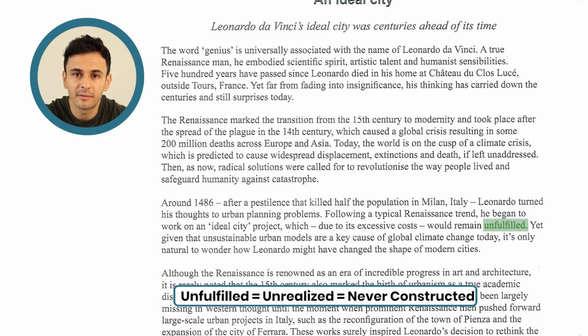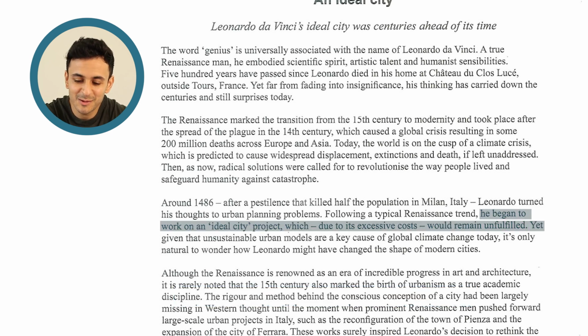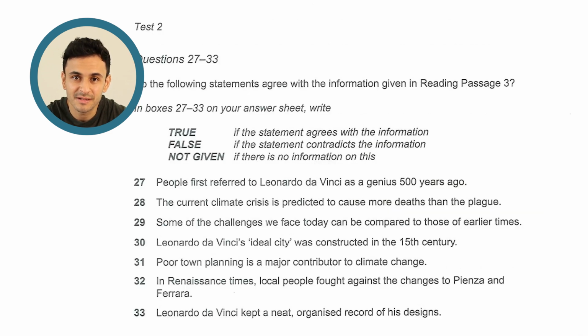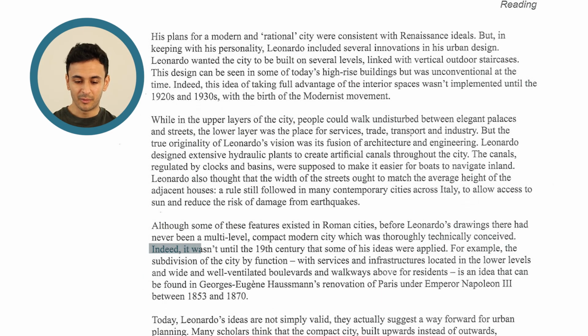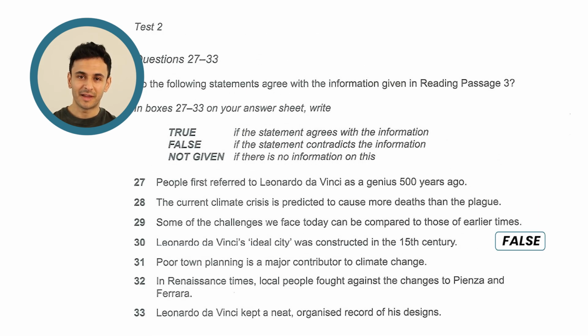It was never realized. So this tells me right away that his city was not really built. I know that information already, so I'm going to give it a false. And this sentence is actually reconfirming my answer: indeed, it wasn't until the 19th century that some of his ideas were applied. So before that, not that city project, none of his ideas were actually applied. Only in the 19th century.